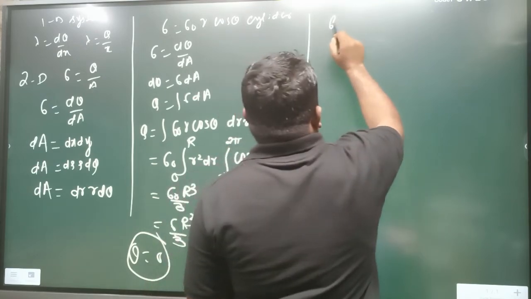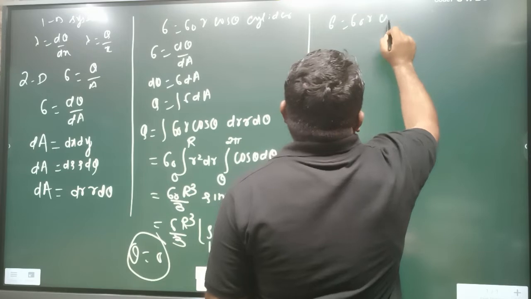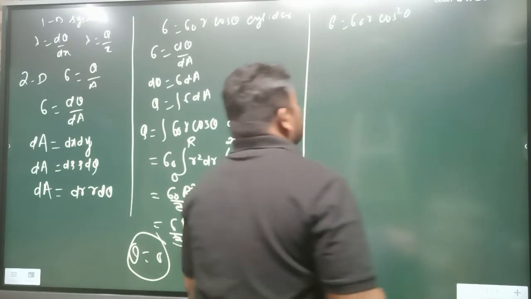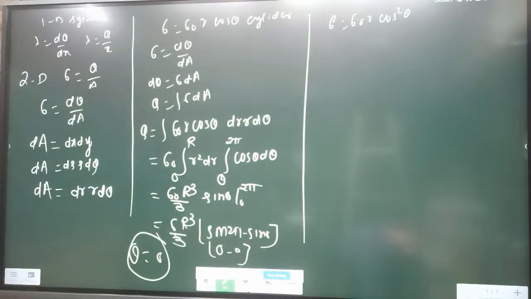Next, sigma is equal to sigma naught r cos square theta. Is the system 1D, 2D or 3D? The system is 2D.